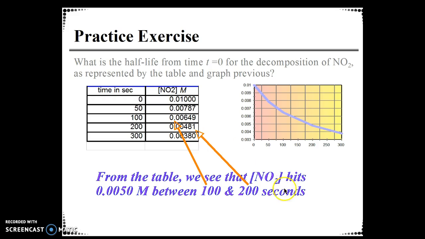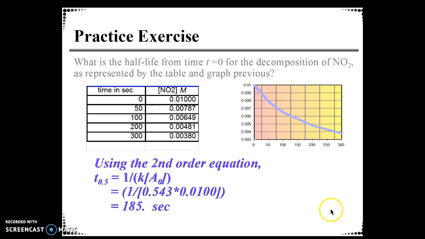That's a good thing to eyeball, so that if your calculation of the half-life gets out of that range, then you know you've made a mistake. Using that second order equation, the half-life is equal to 1 over k times the initial concentration of the reactant NO2. We get 1 over 0.543 times 0.0100, or 185 seconds.